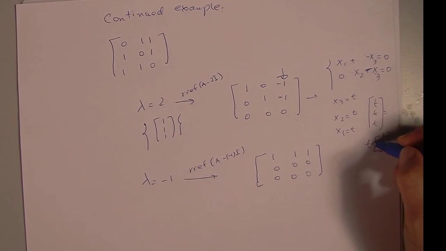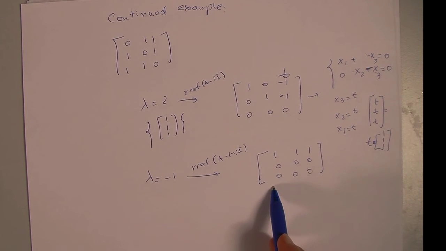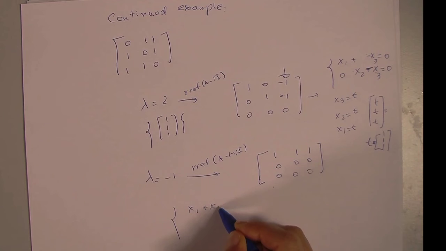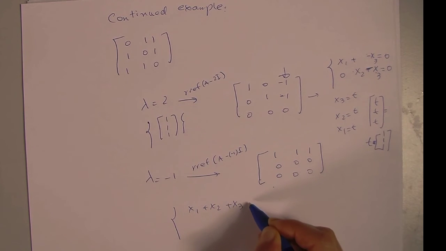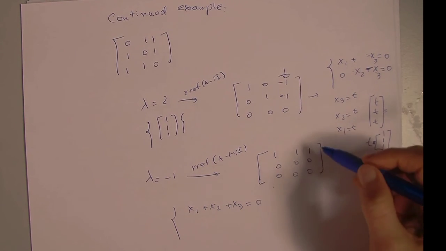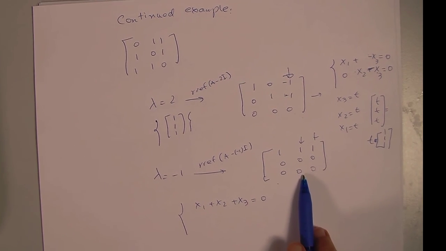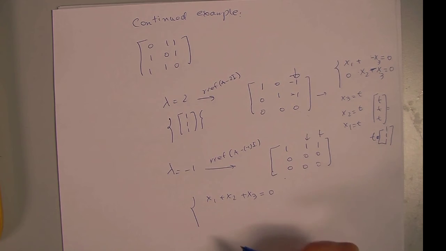So a basis for this eigenspace is 1, 1, 1. Now, for the second one, I again have to rewrite the system. This time, there are two variables without a leading one. Set x3 to be t, x2 to be s.